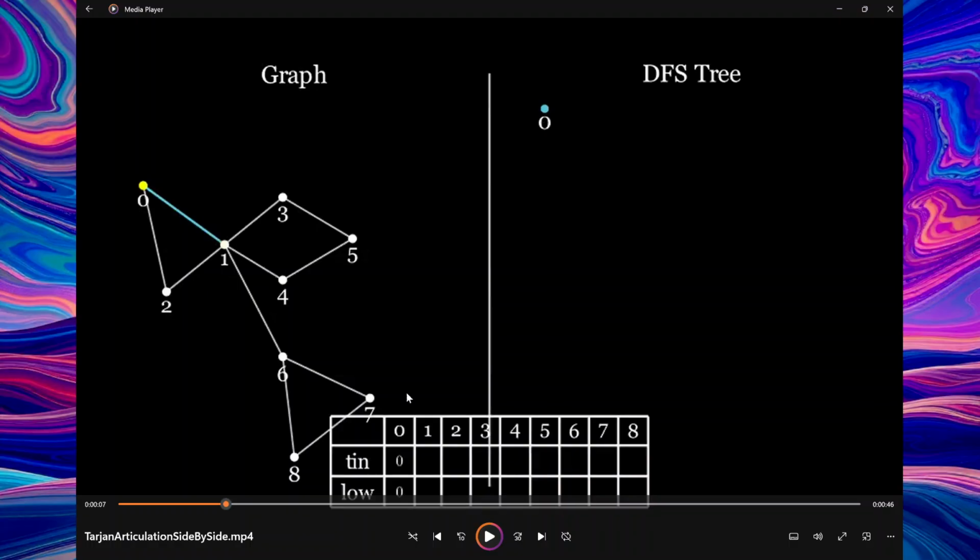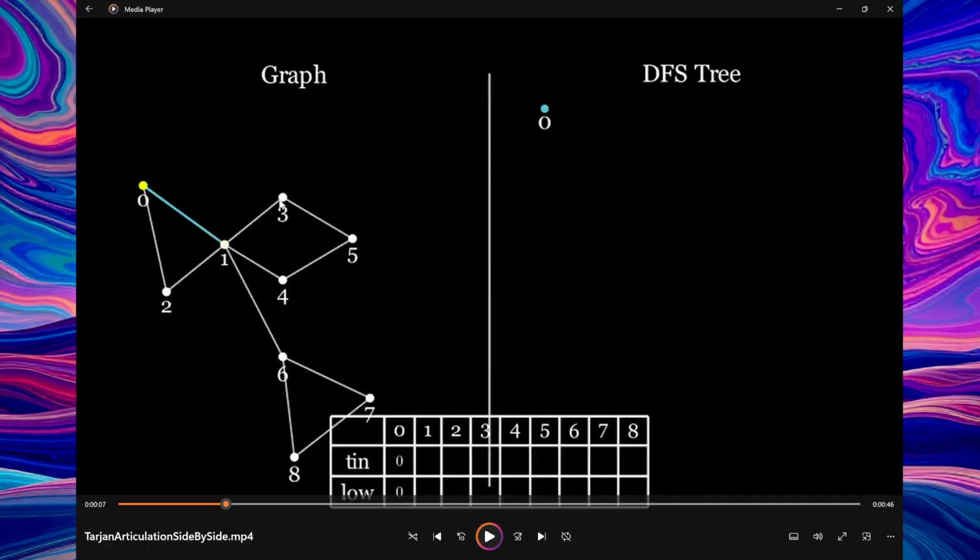For example, let me just give you an example, right? Let's say the DFS goes from 0 to 1, 1 to 4, 4 to 5, 4 to 3. So that's 1, 2, 3, 4. So the time for entry would be 3 or 4 for node 3. But let's say we do that, and then we go back and we hit 1, and then we get to 3 directly from 1, right?